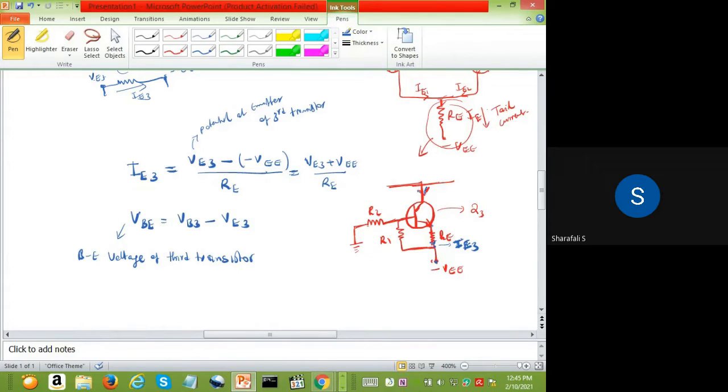That means this one. VBE will be nothing but the potential at the base minus the potential at the emitter. So VB minus VE for the third transistor will come as VB3 minus VE3.